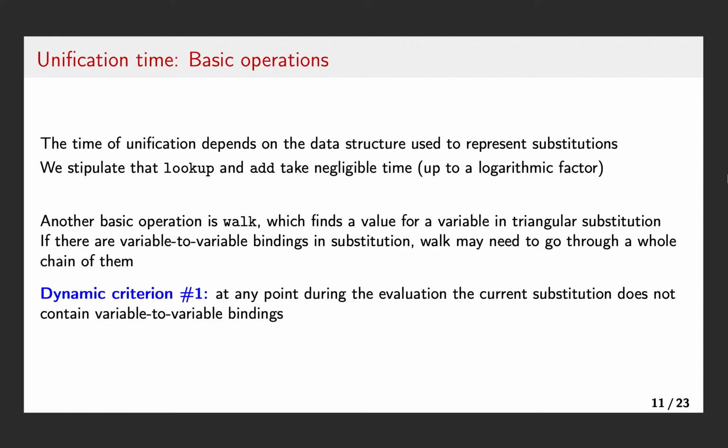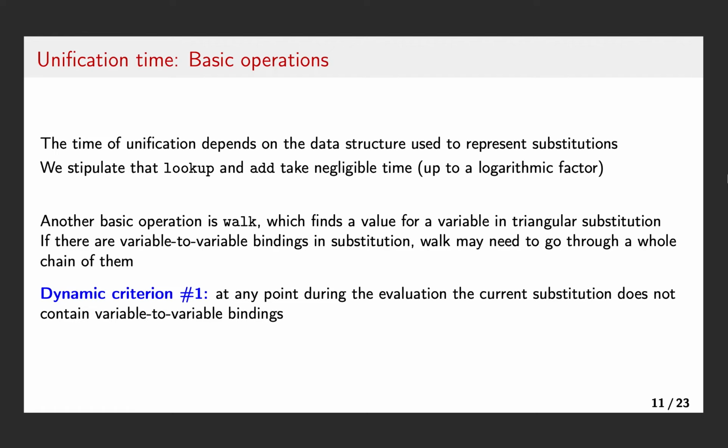Another basic operation that is specific to triangle substitutions is walk, that finds a value for a variable in the substitution. To do it, it may need to go through a chain of variable-to-variable bindings. So in the worst case, its complexity is linear in the size of the substitution.